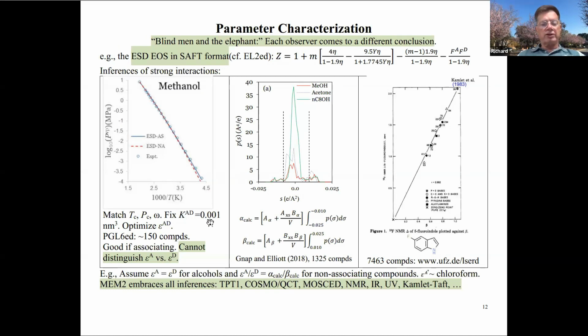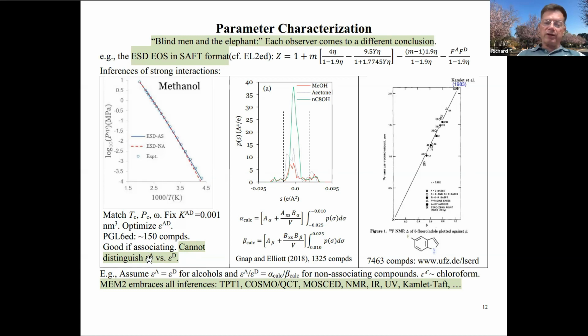If you fix the value of your bonding volume, then you can vary just one parameter, this epsilon for A and D bonding together, and adjust that until you get the best fit to the vapor pressure behavior. And this is a log scale, so even though this looks like a very small deviation down here, it's actually about 20% deviation. So that's a big number. You can definitely see that.